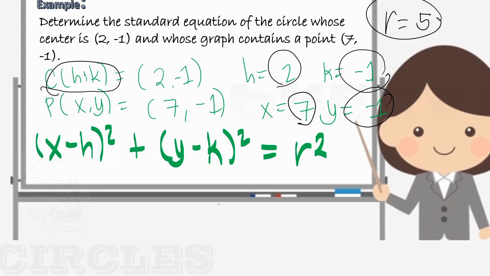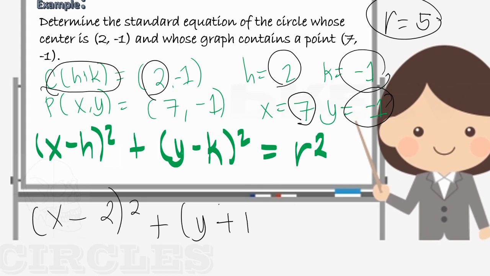So, direct substitution again. X minus h, which is 2, squared plus y minus k, which is negative 1. So, it becomes plus 1 squared is equal to 5 squared.